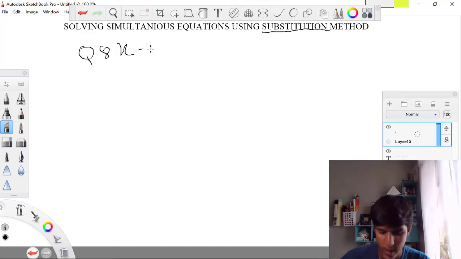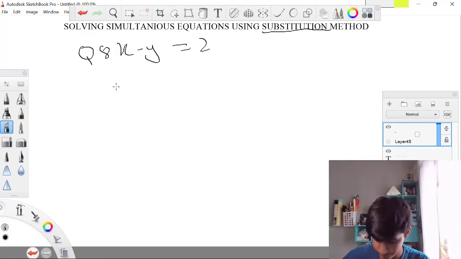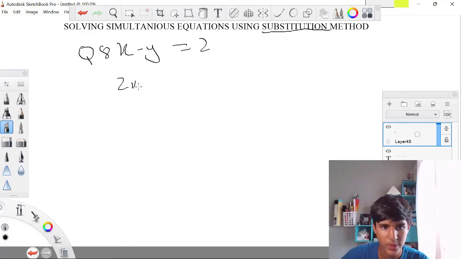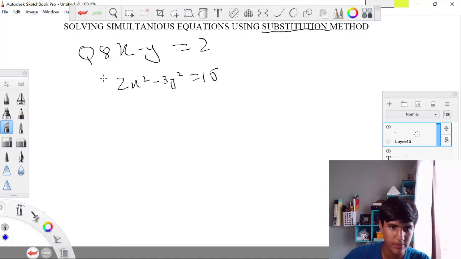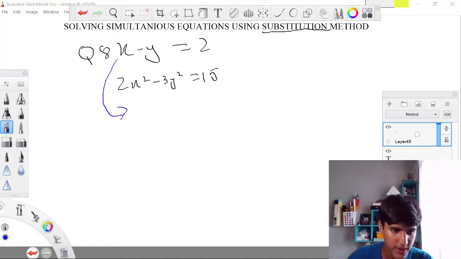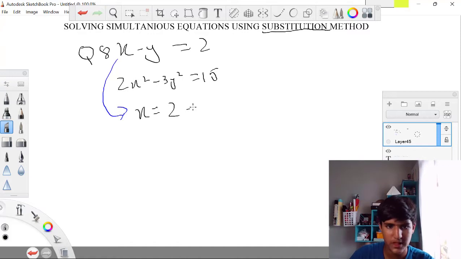x minus y is equal to 2 and 2x squared minus 3y squared is equal to 15. Now, I will be converting this, shifting the y to the other side, creating the equation x is equal to 2 plus y.